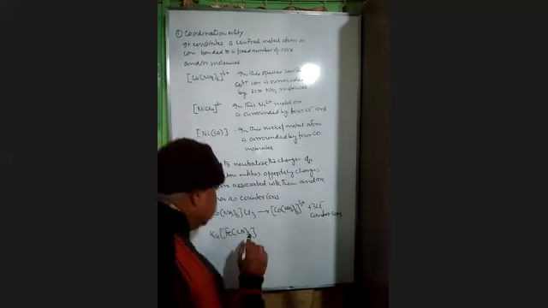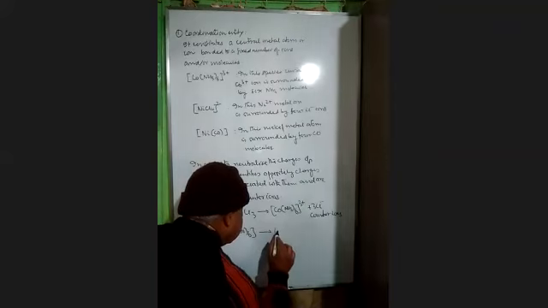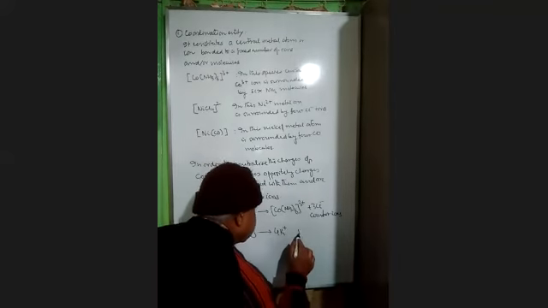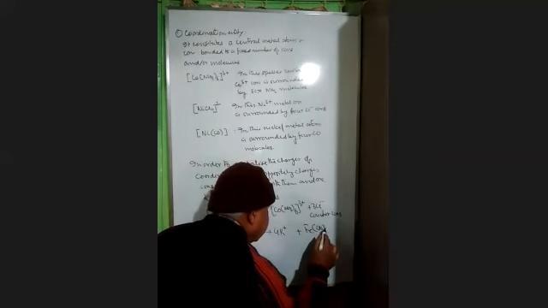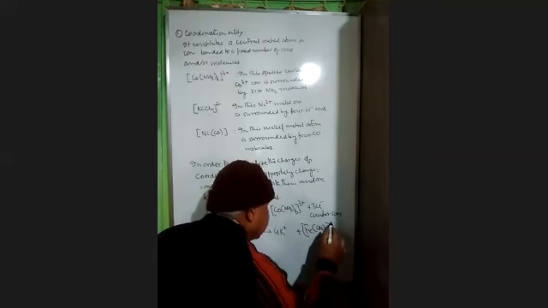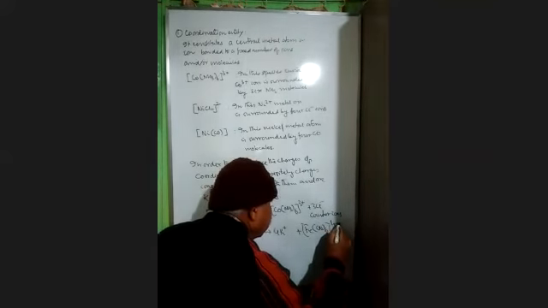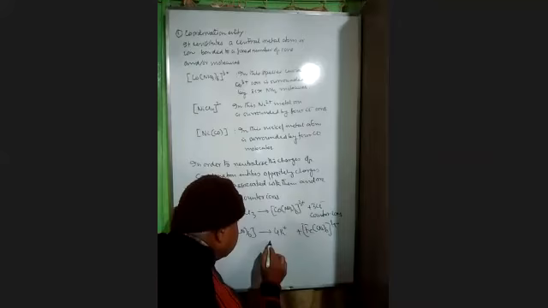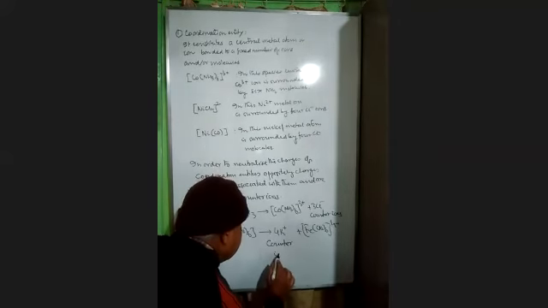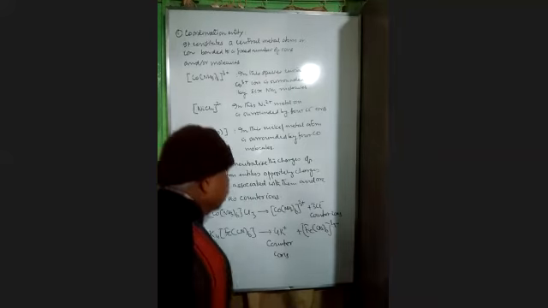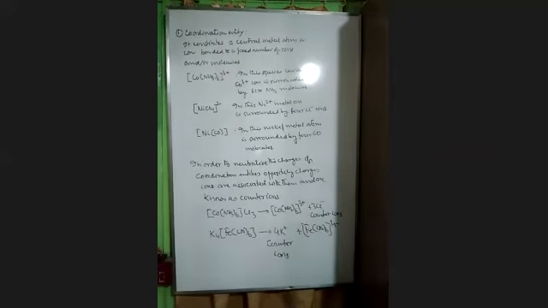In this case, 4K plus Fe(CN)6 4 minus. So this is the counter ion. So counter ions can be positive or negative depending upon the charge of the coordination entity.